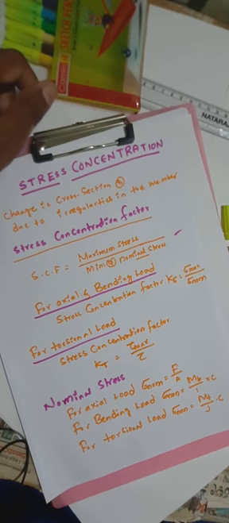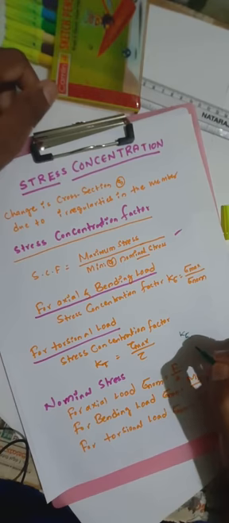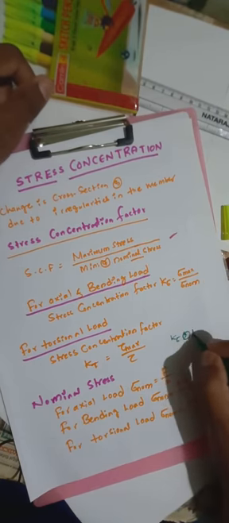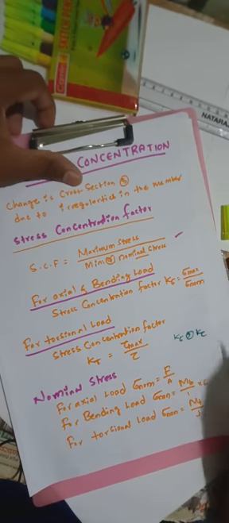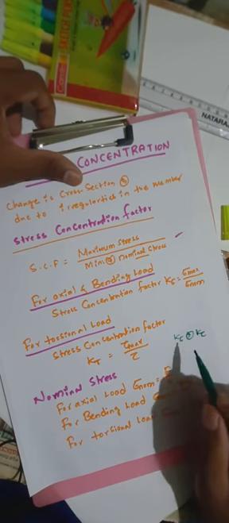Apart from that, we have two factors. K sigma or K tau is the theoretical stress concentration factor.